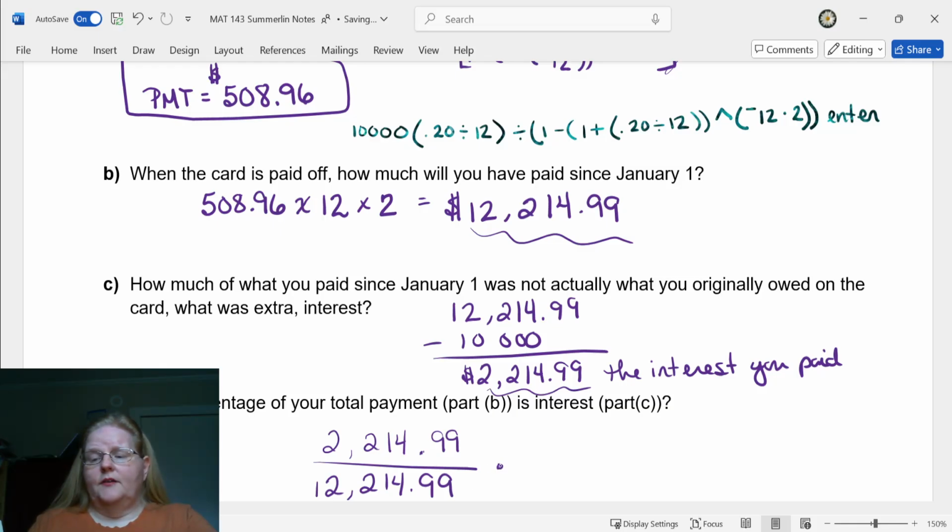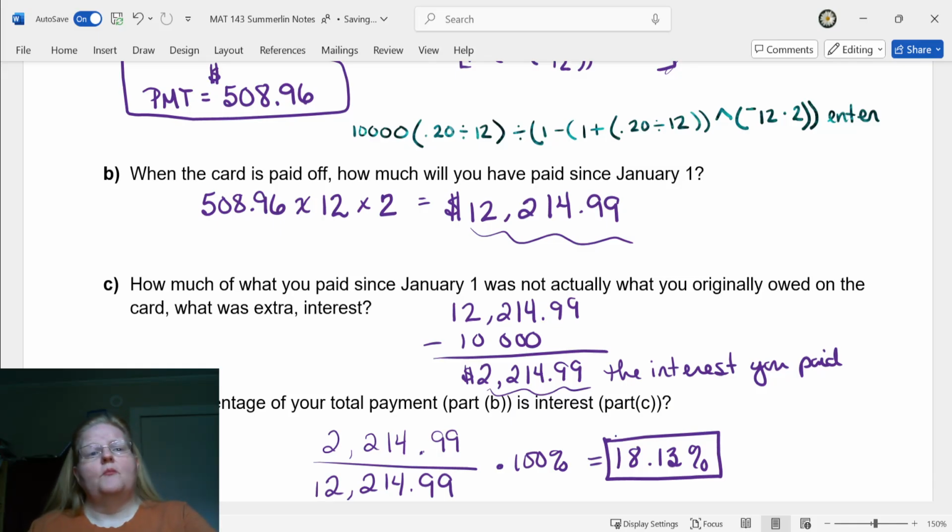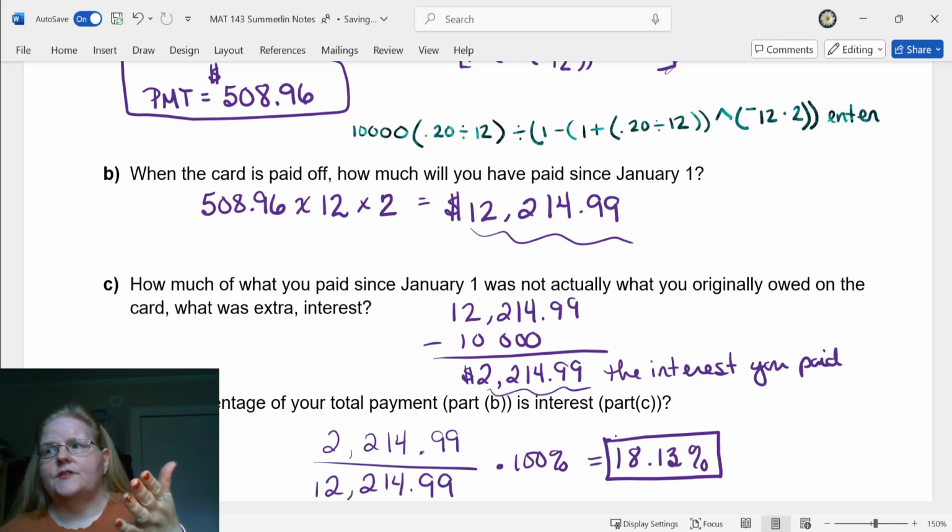So we'll multiply it by 100%, just like we do everything else when we want to find a percentage. And we end up with 18.13%. So almost 20% of the money that you paid in every month was going towards paying the interest. It wasn't going towards paying your bill. It was going towards paying the interest.